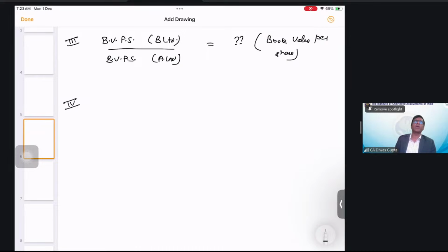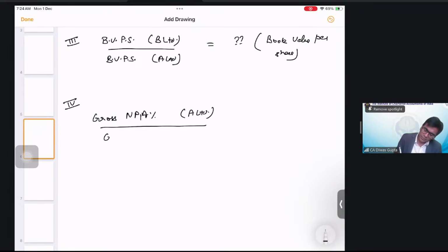Sometimes the question might ask you to calculate the swap ratio basis the unfavorable measure. What is the unfavorable measure? For example, gross NPA. So students, NPA is actually the non-performing asset in case of a bank, right? Non-performing asset in case of a bank will mean that how much percentage of your overall debt is not performing. That means it is not paying you the interest. Gross NPA percentage for A Limited divided by gross NPA percentage for B Limited.